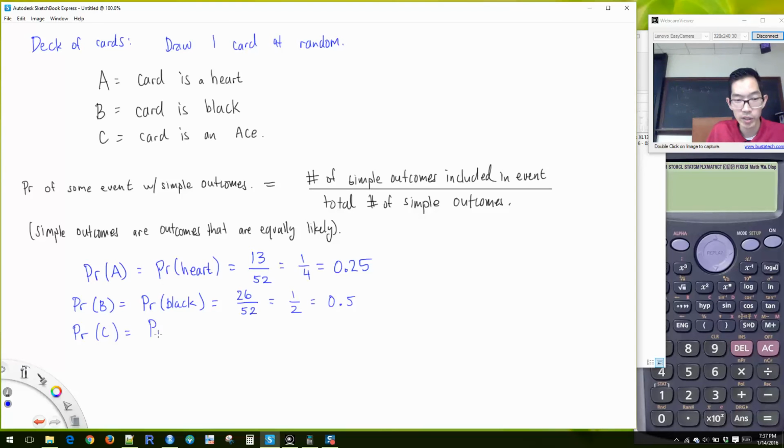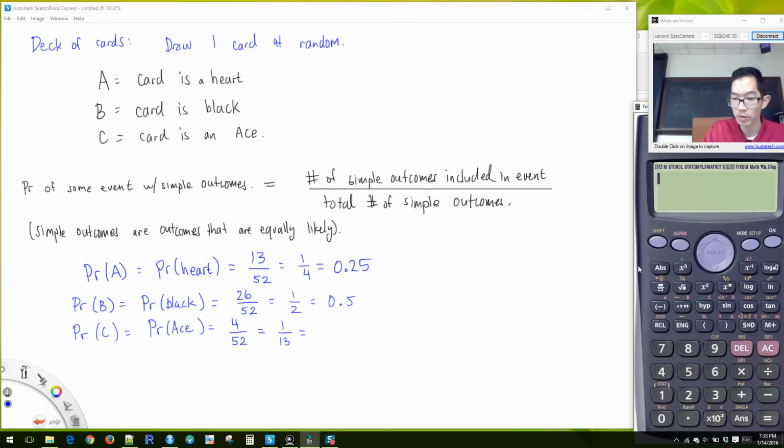And the probability that a card is an ace is four out of 52, or 1 out of 13, which is 0.077.